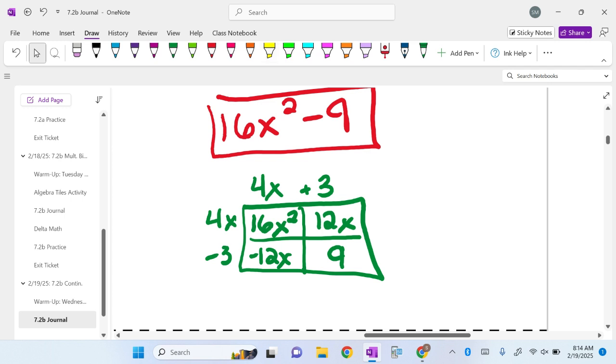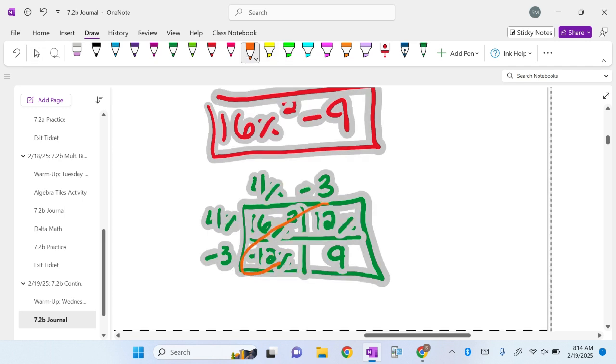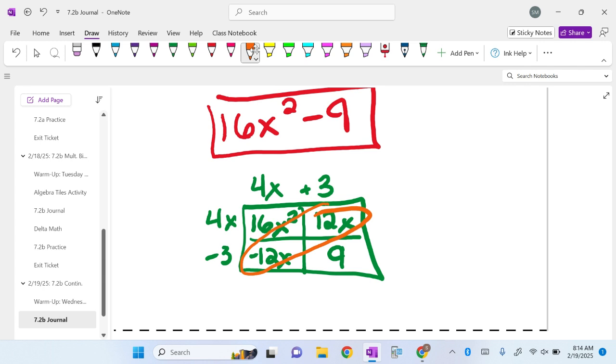And what you'll notice is that right here on the diagonal, these are the like terms, and they're the same, except one's positive, one's negative. So these would end up canceling out. And if you pull everything else out, you still would get this.